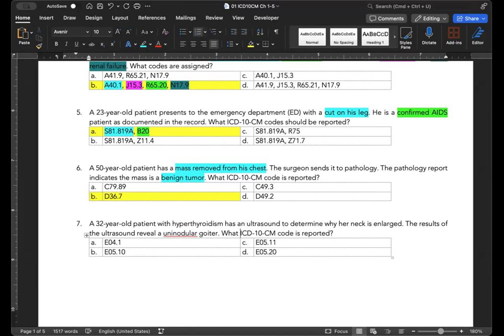And what code does that give us? E05.10. Everybody agree with that? Any questions?